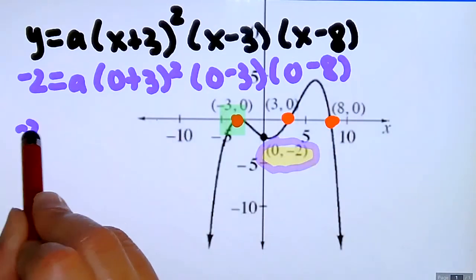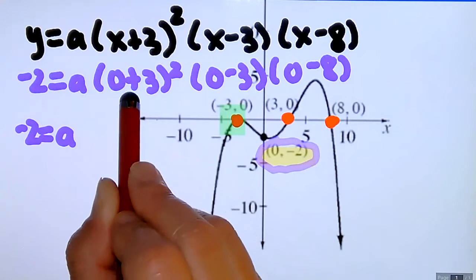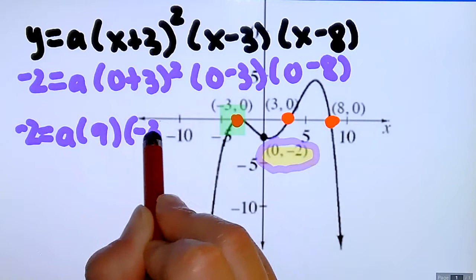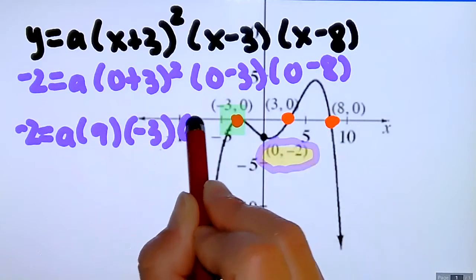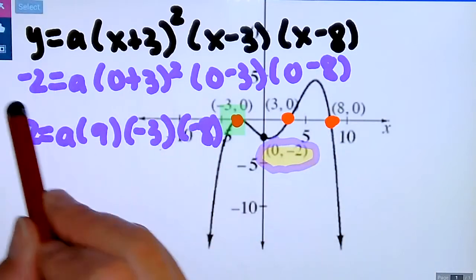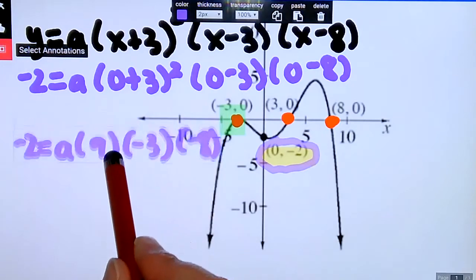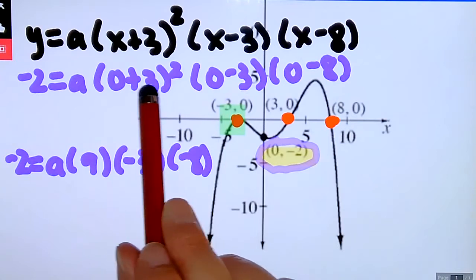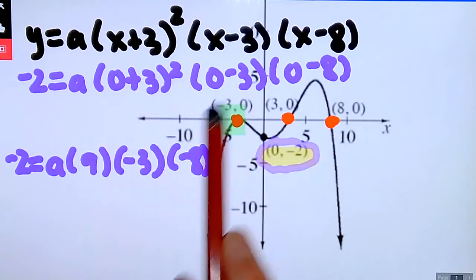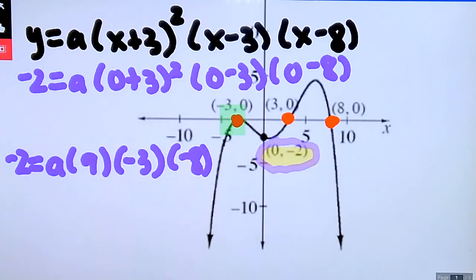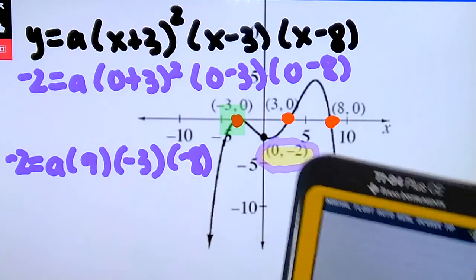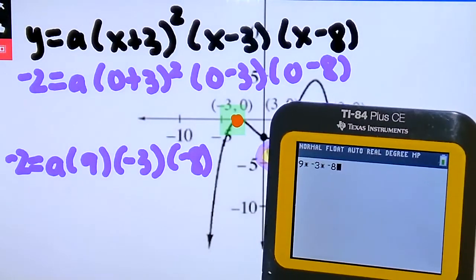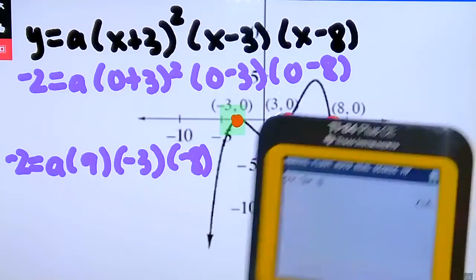So this is going to give me a 9, this is going to give me a -3, and here I get a -8. So again, I have 0 here, so that's 3 squared, that's 9, -3, -8. And when I do that, 9 times -3 times -8, I end up with 216.